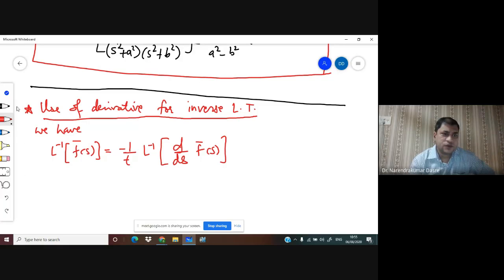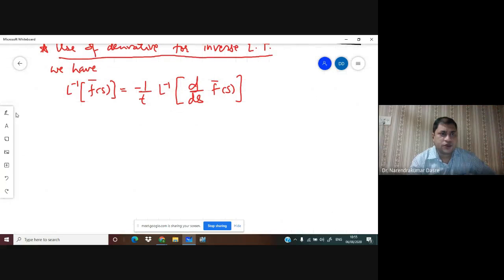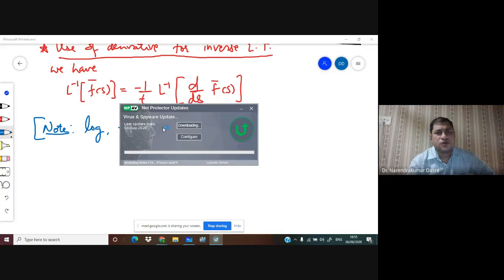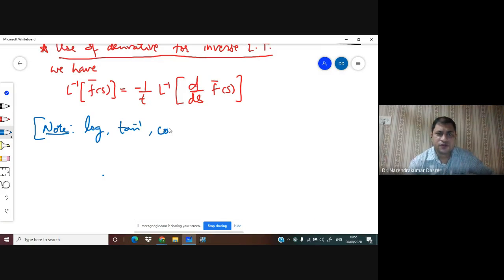Now, when do we have to use this property? This property is particularly used for functions like log, tan inverse, cot inverse, and hyperbolic tan inverse.